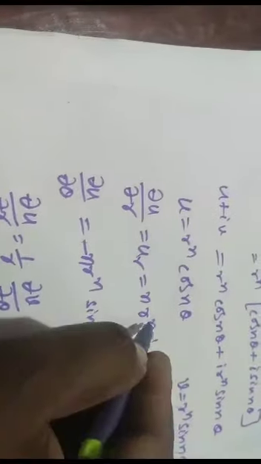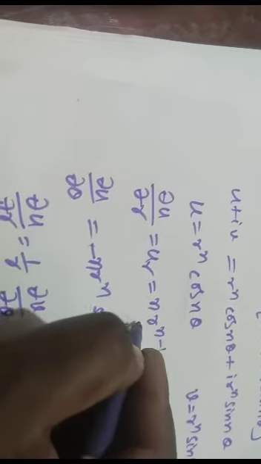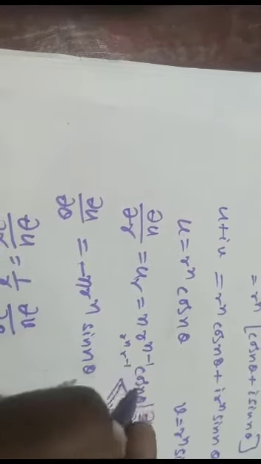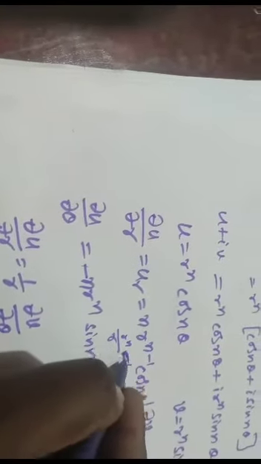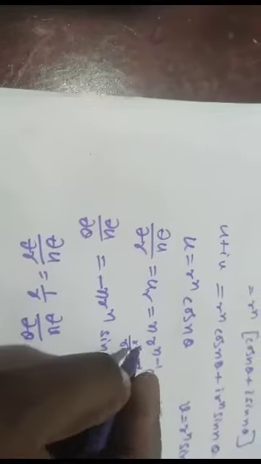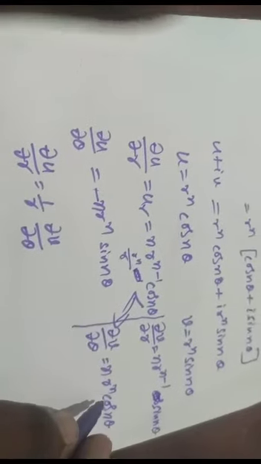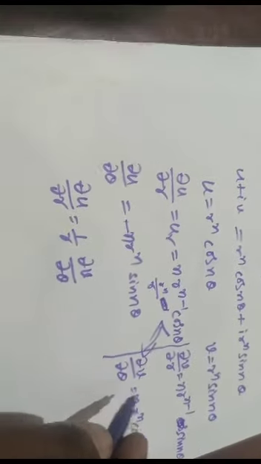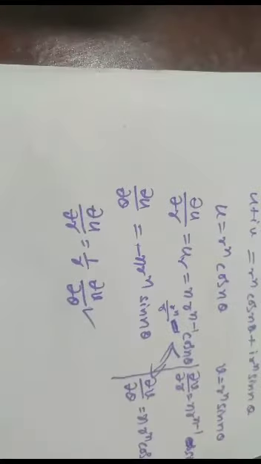If we simplify this, we can write r^(n-1) as r^n by r. Write this 1/r as it is: n r^n cos nθ is ∂v/∂θ. So ∂u/∂r = (1/r) ∂v/∂θ. This is our first Cauchy-Riemann equation.